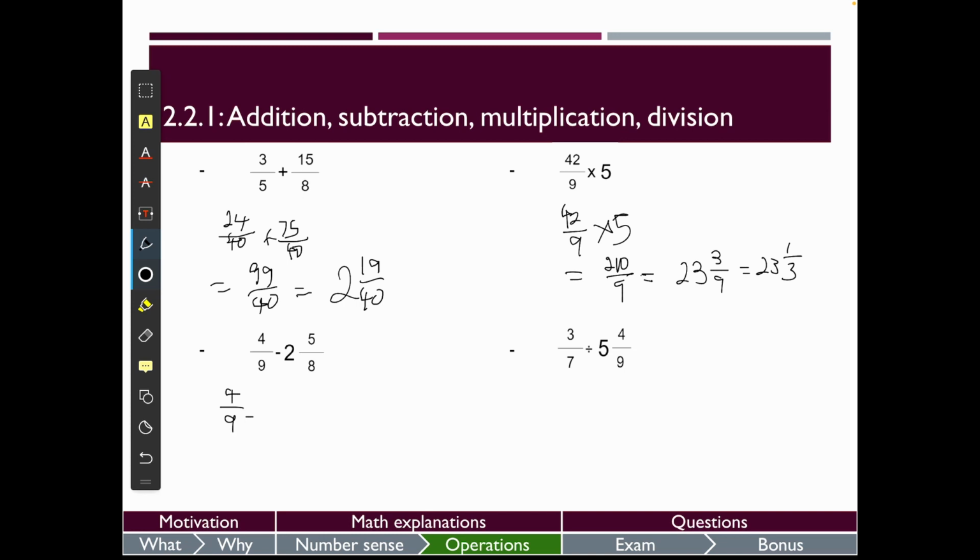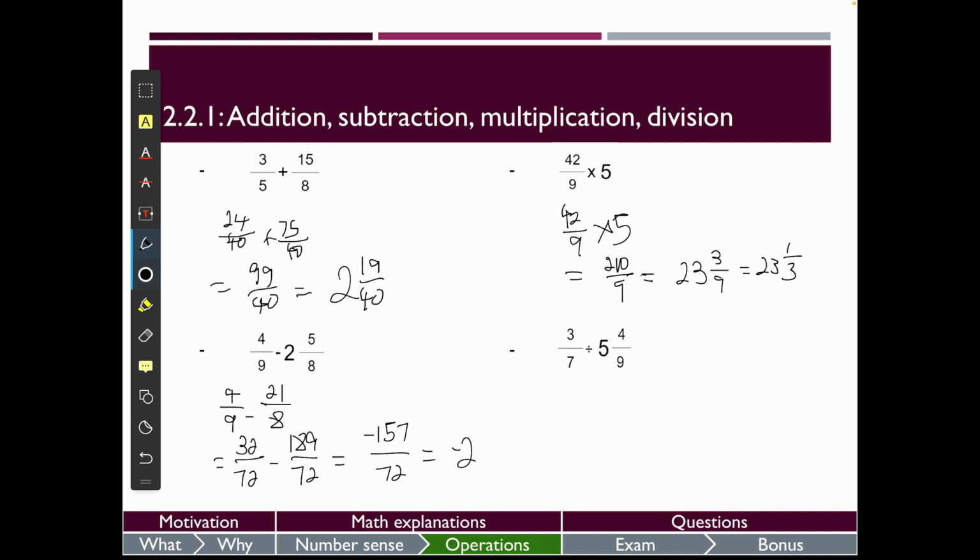Okay, so 4 over 9 minus 2, 5 over 8. Express it, 16 over 21 times 8, 32 times 9, 189, 32, 7. Is it correct? Let me check. Yeah, correct.